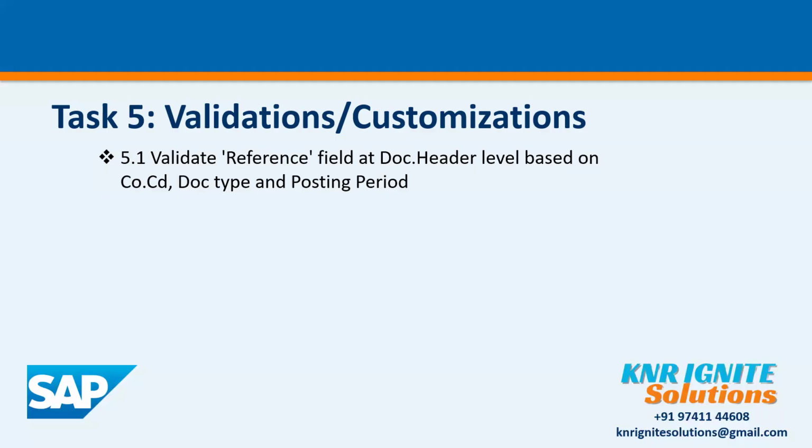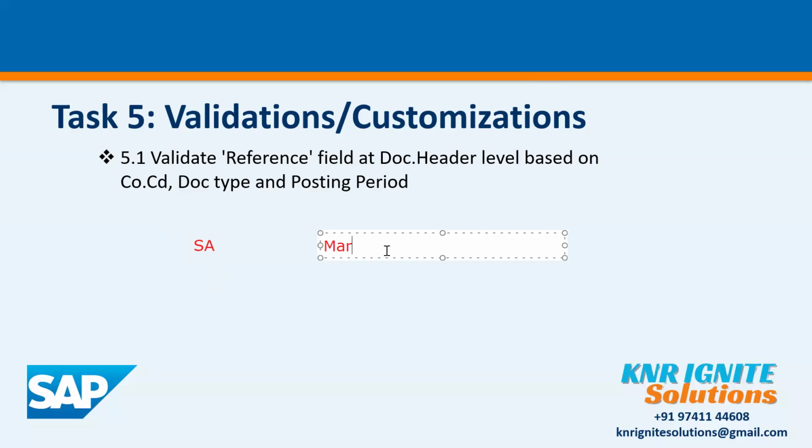You can pick any document type that you want, but maybe at least go with the SA document type so that it will be easy for you to find out. And then the posting period may be the current posting period. Let's say posting period for March. Only for this period, whenever you are posting, particularly during the month end.